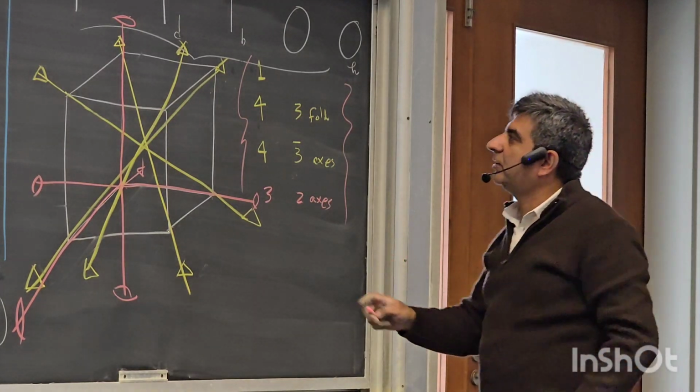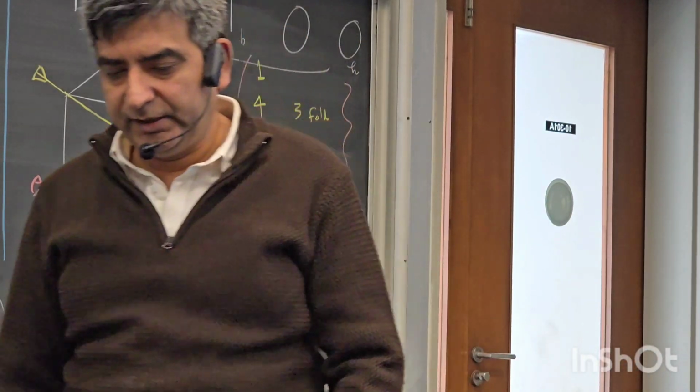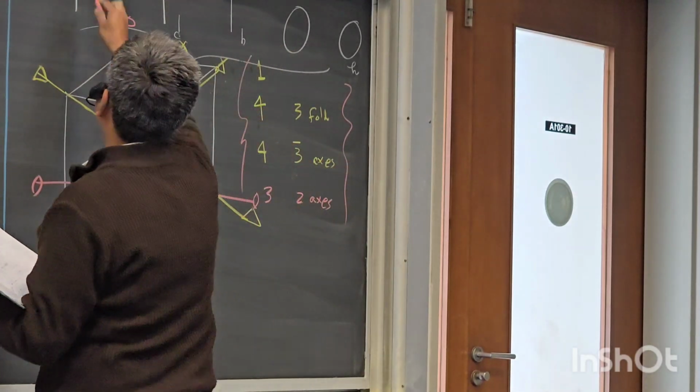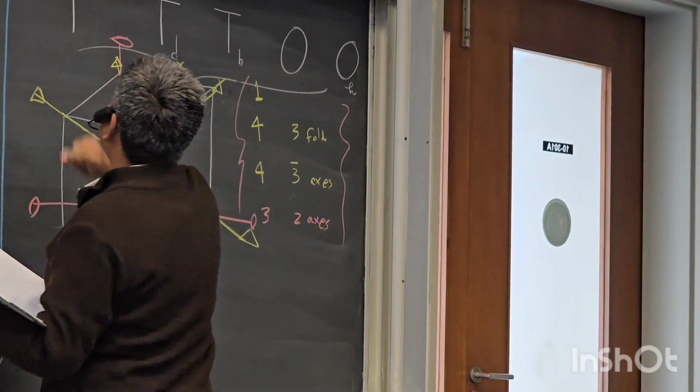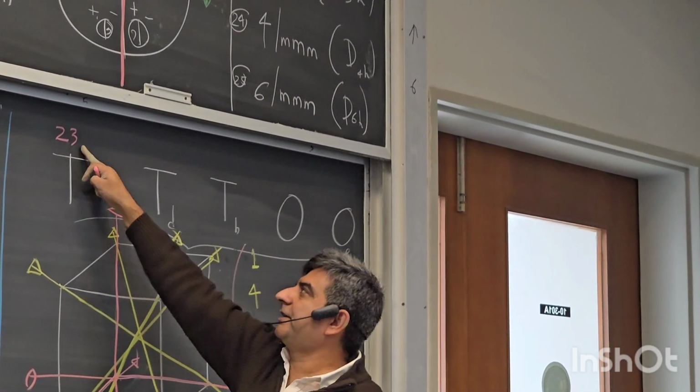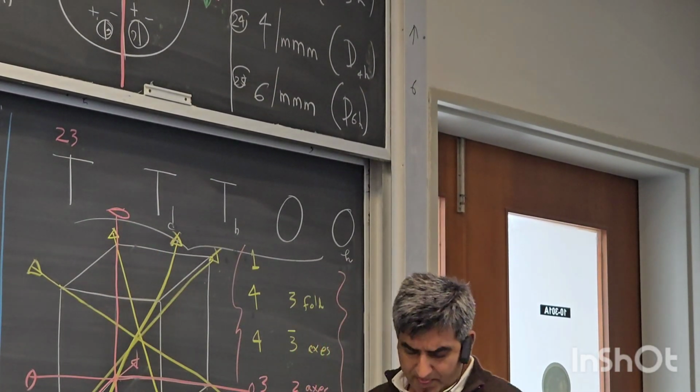And the symbol for T, the new symbol for T is 2, 3. This is 2, 3. Identified by a 2-fold axis and a 3-fold axis along the body diagonal.